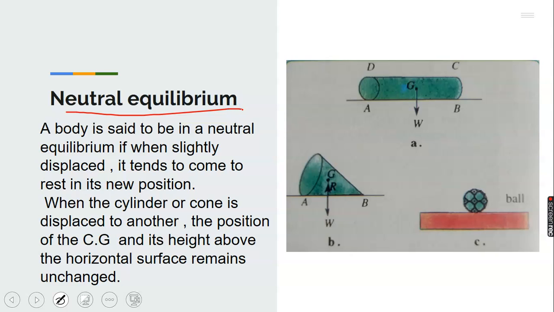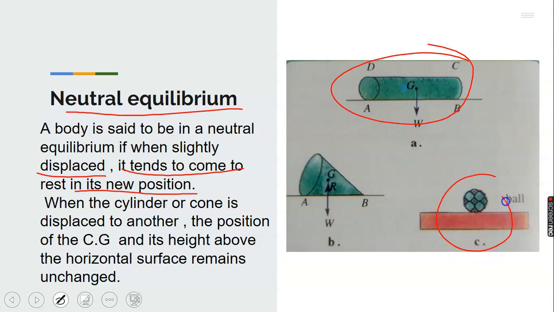A body is said to be in neutral equilibrium if, when slightly displaced, it tends to come to rest in a new position. Now look at this. Just like a rolling ball, this is where the center of gravity is. The position of that G does not change.